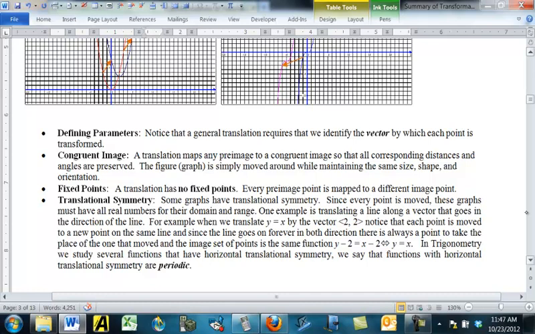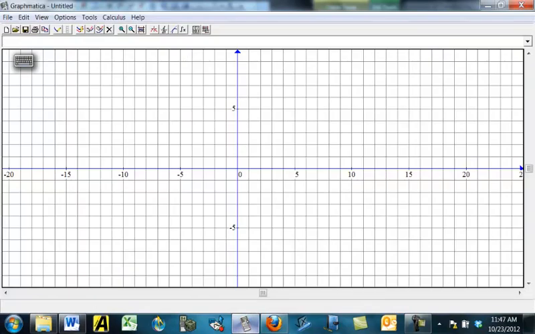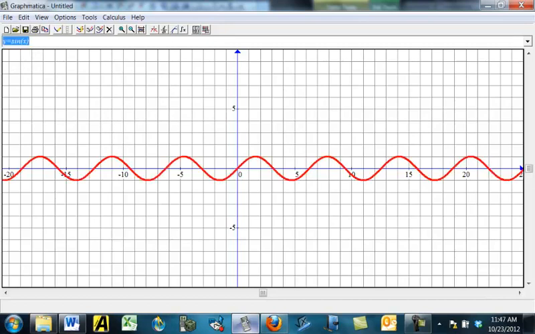Now, if you ever take a course in trigonometry or pre-calculus, you do study a lot of functions there that have a horizontal symmetry. Let me give you an example here. There's a function called sine x that you study there, and it turns out to be a wave.